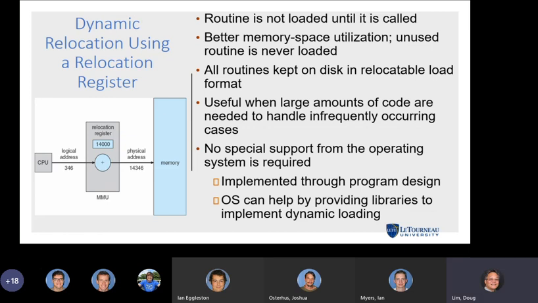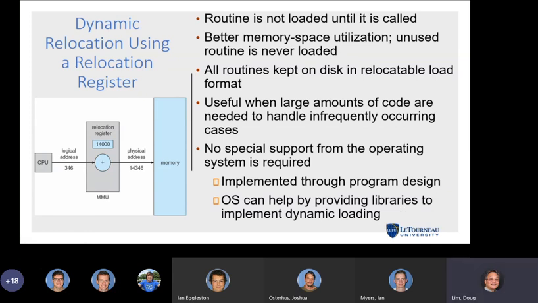All routines are kept on disk in relocatable load format, and then they're loaded in with addresses relative to the relocation or base address. No special support from the operating system is required, and it's implemented through program design. The OS can help by providing libraries to implement dynamic loading, and we'll look at dynamically linked libraries later in this section.